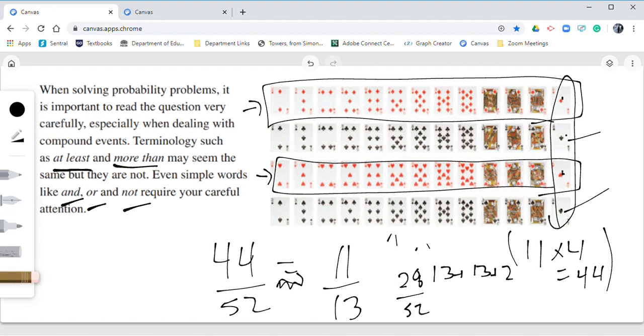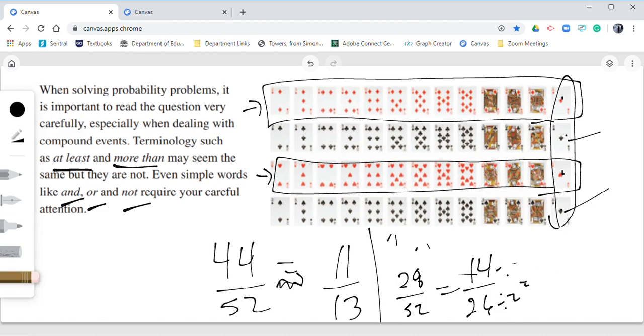Let me erase my working out. I can now start to simplify that fraction down. 28 out of 52, 28 divided by 2 is 14. 52 divided by 2 is 26. Let's reduce that one more time. I'll divide them each by 2. 14 divided by 2 is 7. 26 divided by 2 is 13.